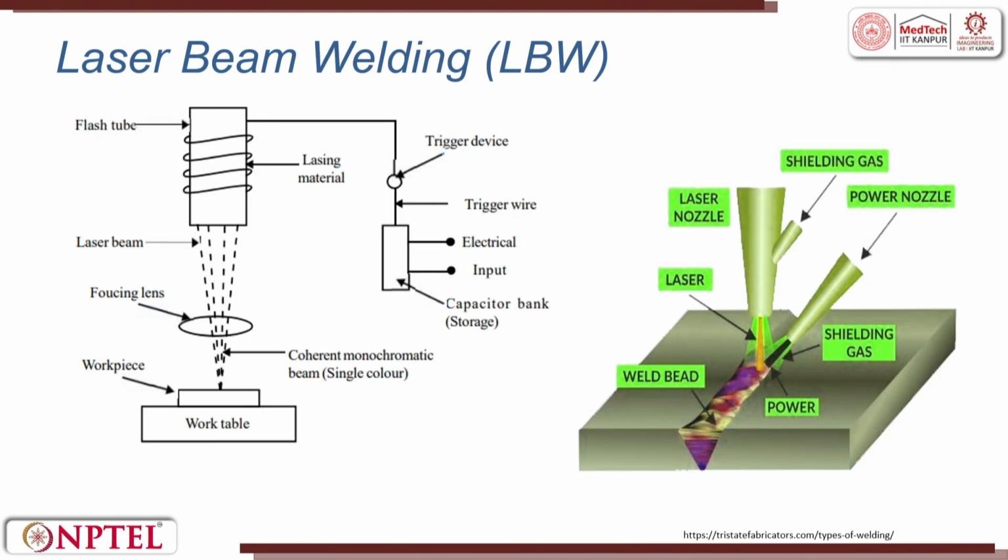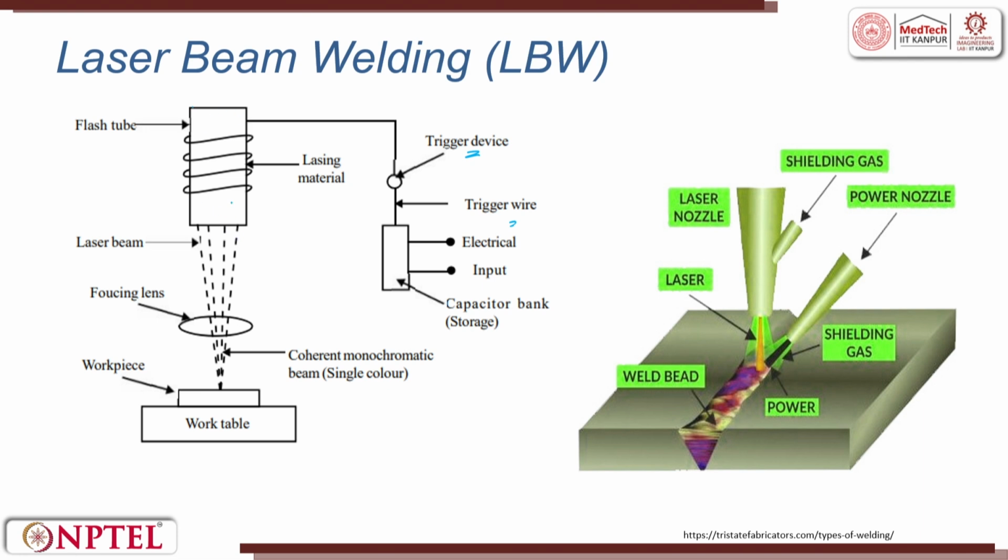So, this is the flash tube which we were discussing. Then we have a trigger device, right? Wire is there, a trigger device is there. Here the flash tube is surrounded by a coil. That coil creates the excitation inside the lasing material.